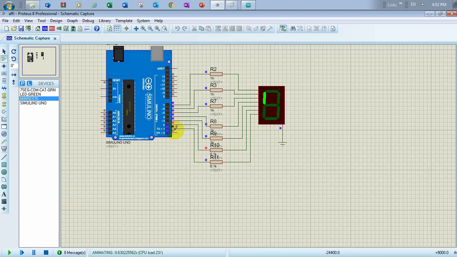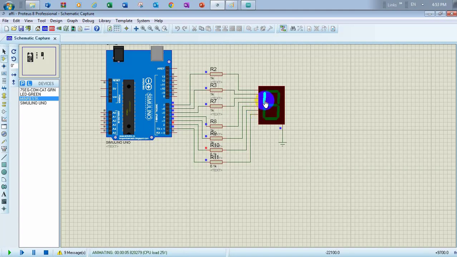Linked with these legs of the 7 segment display. These legs link or connect or control which segment?